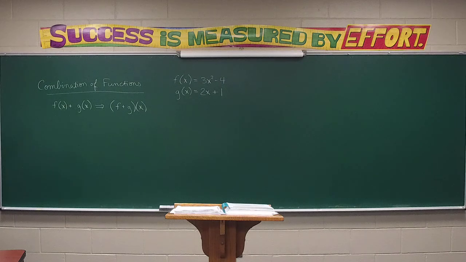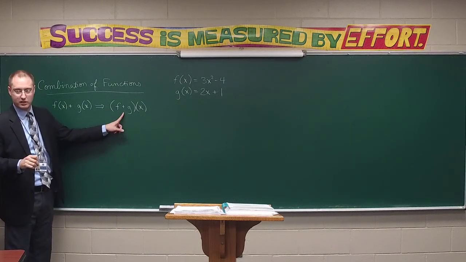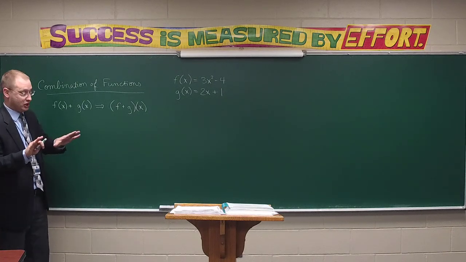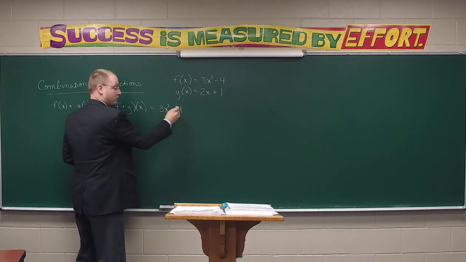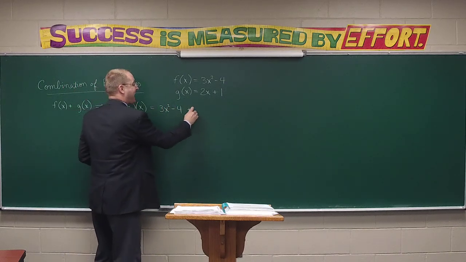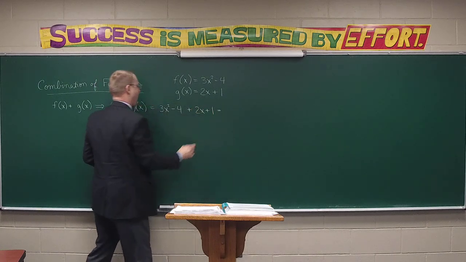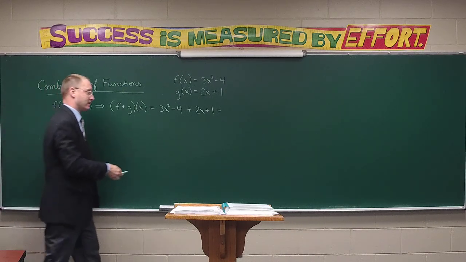And I think this is fairly logical. This implies you should add the 2 functions of x together. That make sense? So, this is not earth-shattering. We're going to take the f of x, that's 3x squared minus 4, and we're going to add g of x, which is 2x plus 1. And there's not a whole lot of like terms here, but we can at least combine the negative 4 and positive 1, class.